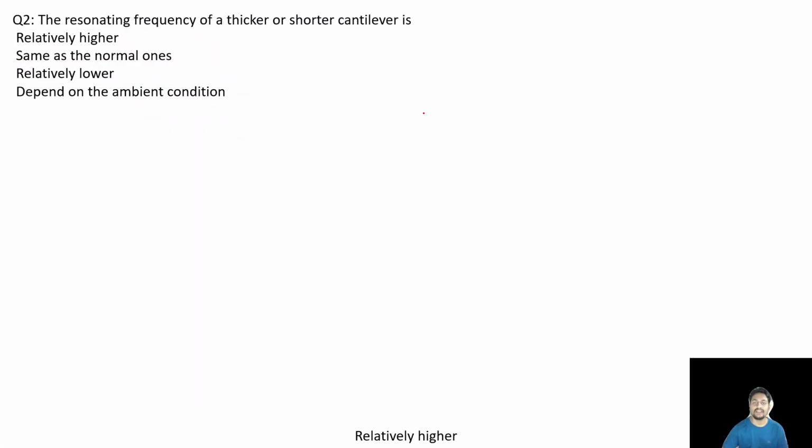So what is the cantilever doing practically? This is the cantilever. Depending upon the force the tip senses, the cantilever is bending upwards or downwards. Whenever the force constant of the cantilever is small, it can respond to this small range of force.